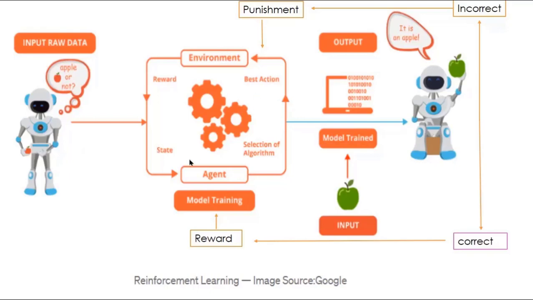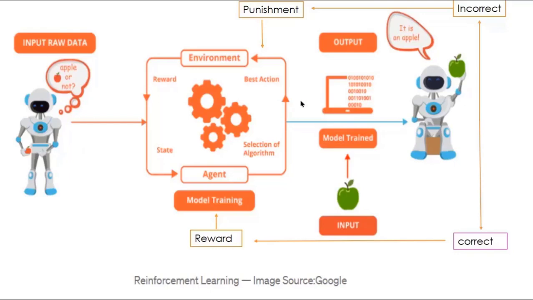There is a method of reward and punishment to train the algorithm. The agent receives rewards for performing correctly and punishments for performing incorrectly. The agent practices to make decisions to maximize its reward and minimize its penalty.